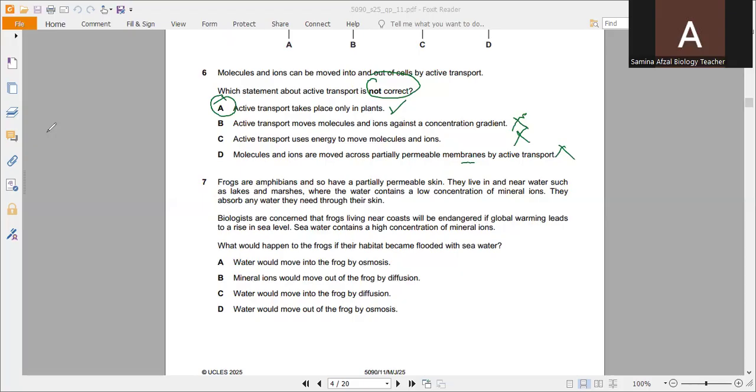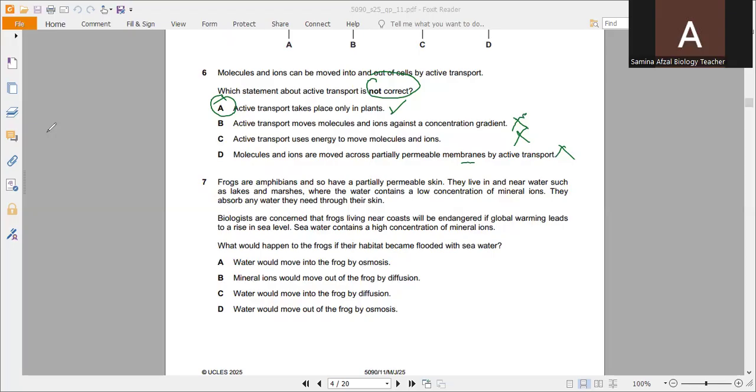Frogs are amphibians and so have a partially permeable skin. They live in and near water, such as lakes and marshes, where the water contains a low concentration of minerals.